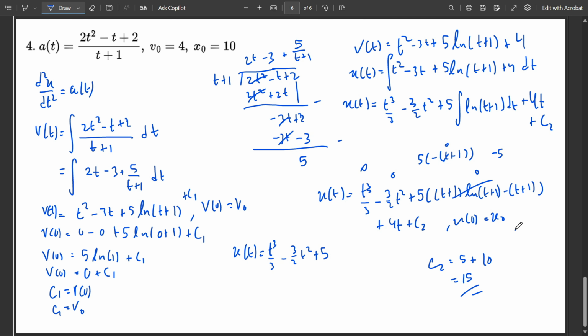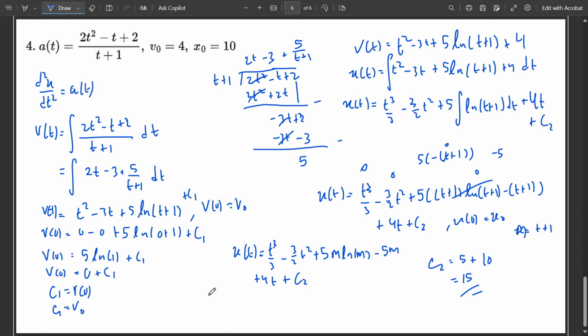Let's substitute m equals t plus 1. That means 5 times m ln m minus 5m plus 4t plus c2.